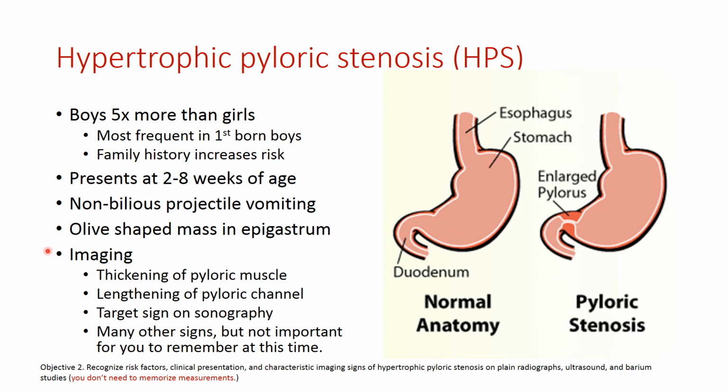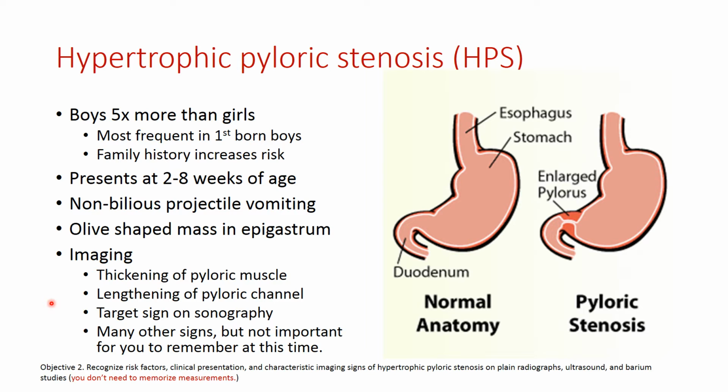On imaging, what we will see is thickening of this pyloric muscle. This will also appear to lengthen the pyloric channel, the pyloric canal. And we'll see this target sign on sonography, and I'll show you that on the next image. Please, please, please do not memorize the measurements for pyloric stenosis.